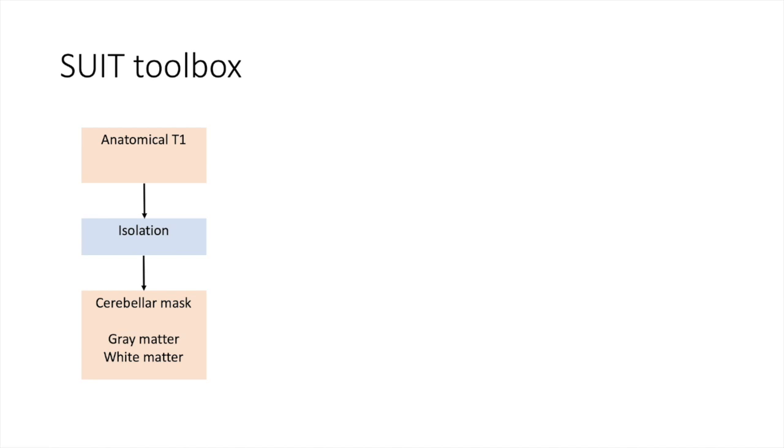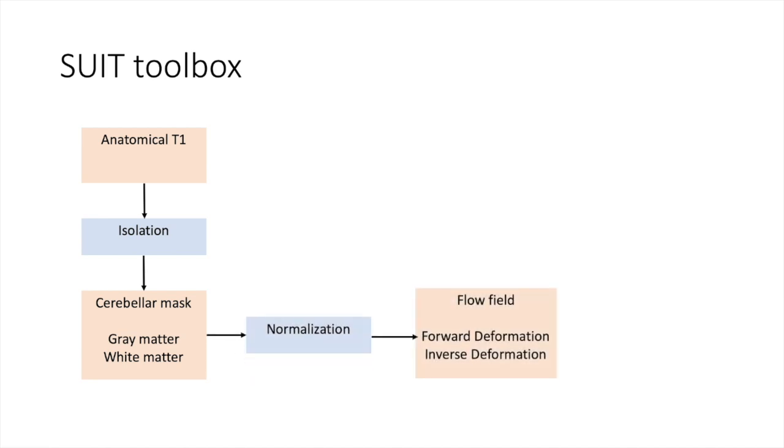This operation is performed in the native space of your subject. Therefore, to perform any group analysis, we need to normalize our images to a standard space. Here we can use the normalization function, which creates a flow field that can be used to deform images from the native space to SUIT space and vice versa.